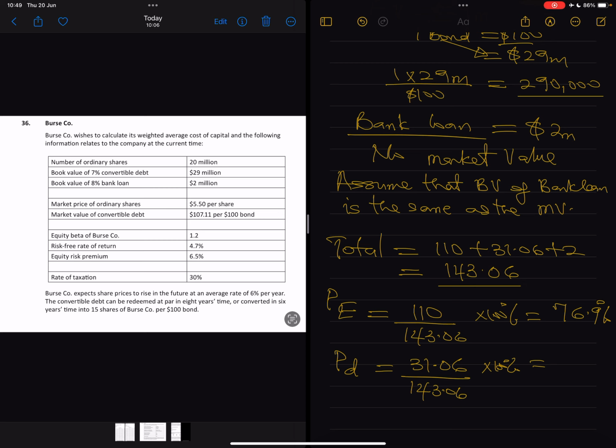So that's 31.06 divided by 143.06 equals 21.7%. And lastly, proportion of bank loan is 2 over 143.06 times 100. Now equals 2 divided by 143.06. That gives us 1.4%.